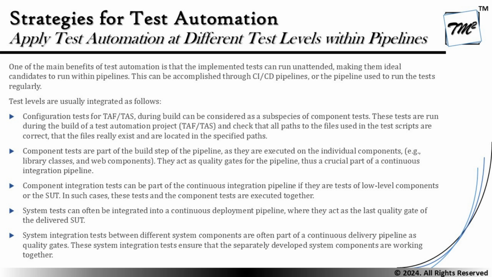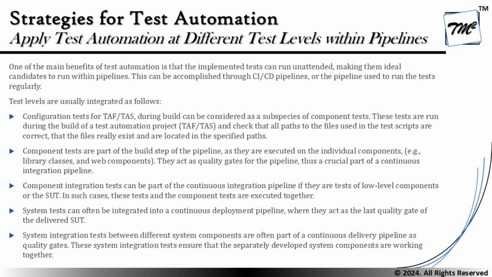So again, system testing can also be a candidate of this, and we look forward to automating them as much as possible. And the last level, of course, is system integration test. Tests between the different system components are often part of the continuous delivery pipeline as quality gates. And these system integration tests ensure that the separately developed system components are working together.